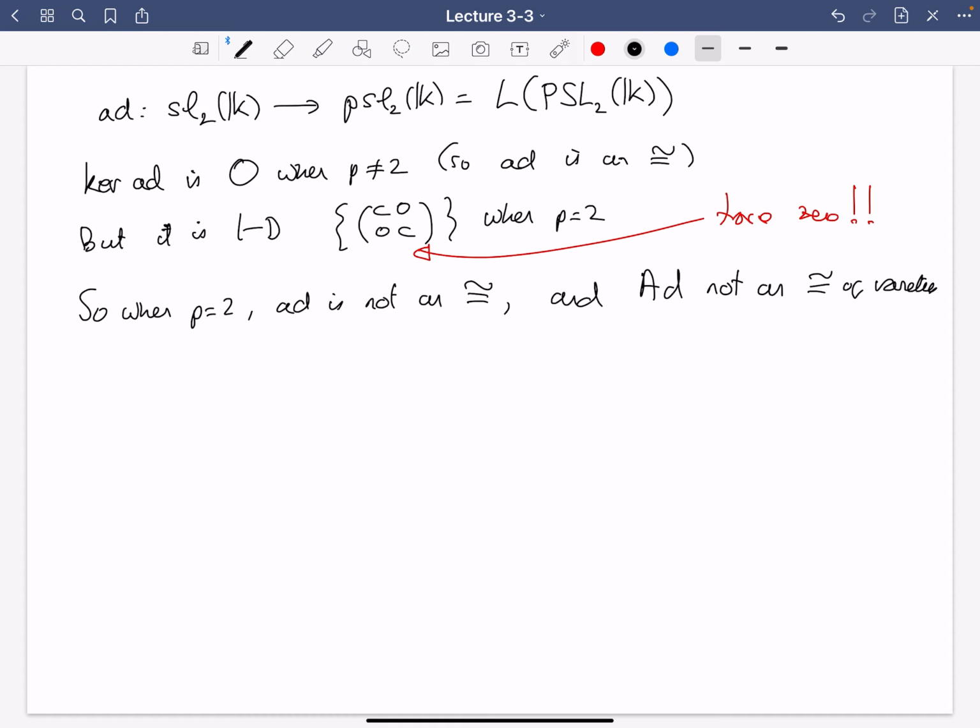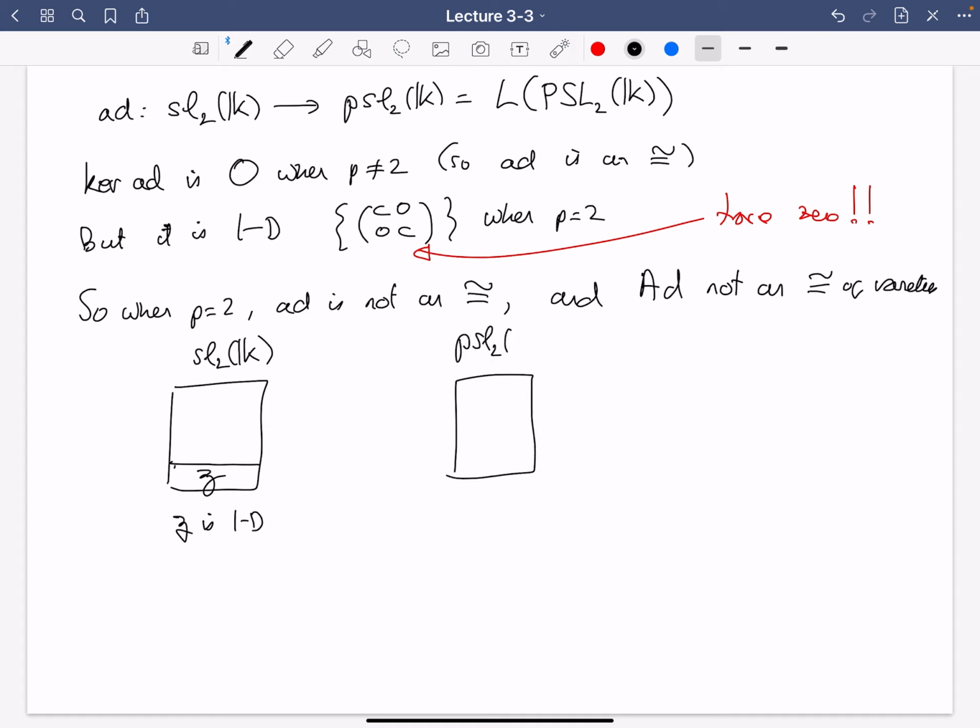So here's my kind of silly picture of the situation. Here's the Lie algebra little SL2 of K, this three-dimensional Lie algebra. In characteristic 2, the center of the Lie algebra SL2 is these scalar matrices, which do have trace 0 in characteristic 2. So Z is one-dimensional. And here's my picture of the Lie algebra PSL2 of K. It's also three-dimensional.